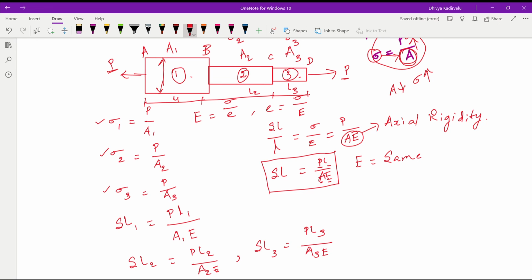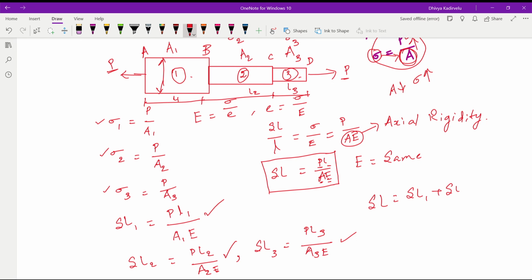So I want to calculate the total elongation. These are the formulas to calculate the elongation of each portion separately, right? So I want to calculate the total elongation. The total elongation can be written as del L. So total elongation is the sum of elongation of each portion, right?